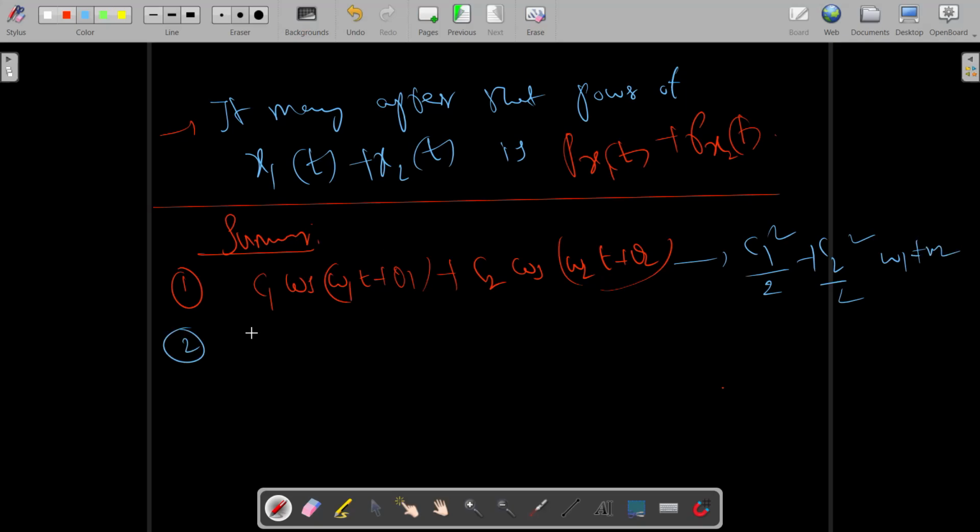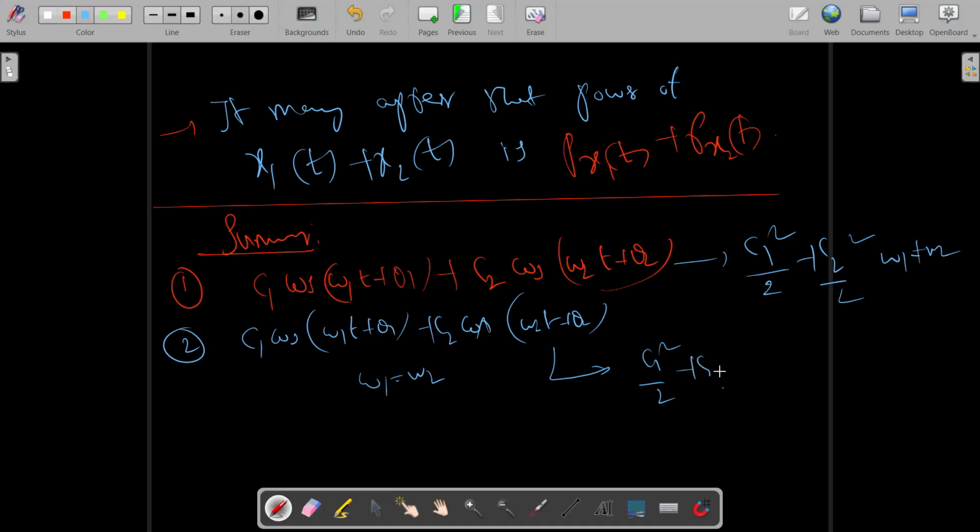The second point we saw is that for the same signal under the condition omega 1 is equal to omega 2, the power is c1 squared by 2 plus c2 squared by 2, along with one extra term, 2 c1 c2 cos(theta 1 minus theta 2).